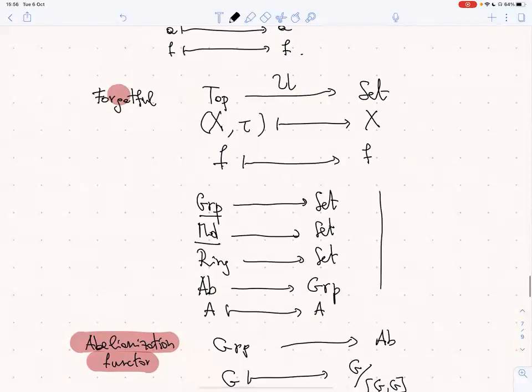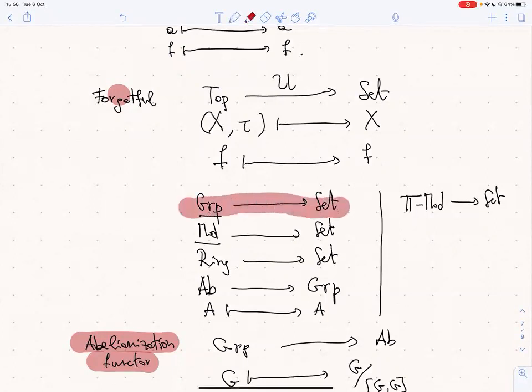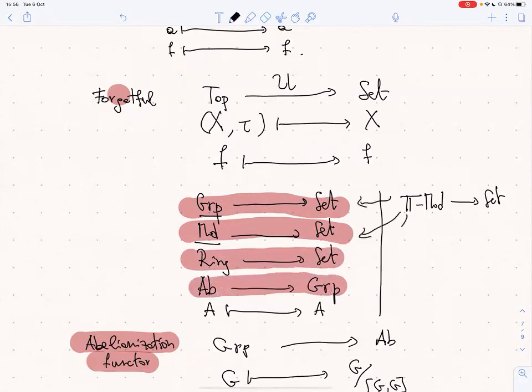Another case of forgetful functors goes from T-Mod, so models of a theory, to Set, and you just forget the structure of model. To be precise, this is an example of this, and also this one, and also this one, and also this one. So all of them are examples of this behavior, in which you just forget the structure of model that you have on the set.